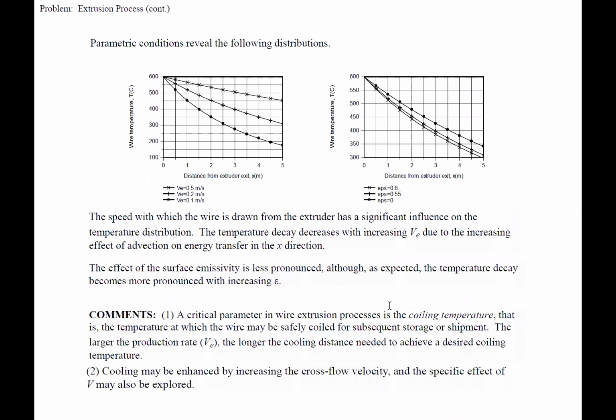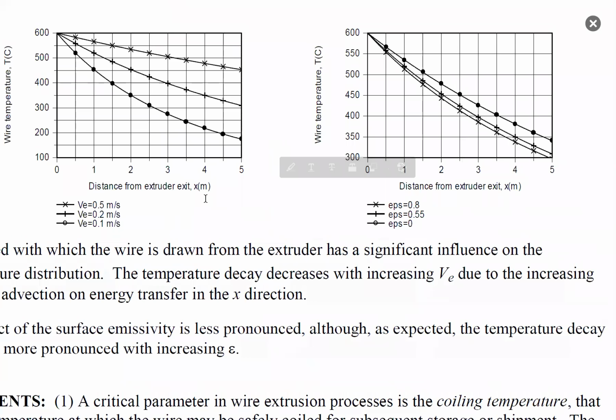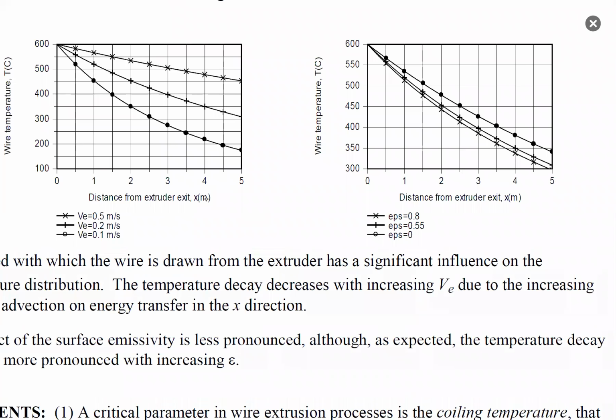Then the last part is the parametric study, where they change, let's zoom in on this, the extruder velocity. They're varying the extruder velocity and showing what the temperature is at distance x.